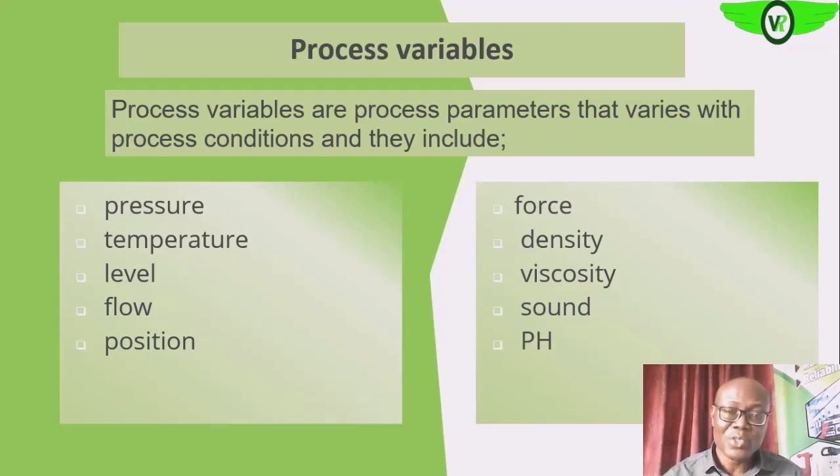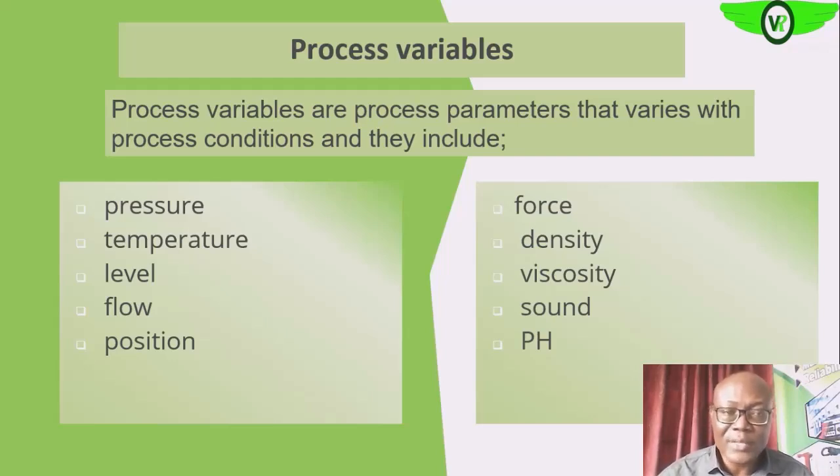But for the sake of this program, we are going to look at the most common process variables, which are the pressure, force per unit area; temperature, the degree of hotness or coldness; the level of fluid in a vessel; and the flow, the flow rate, volume per unit time that goes through a specific section of the process.